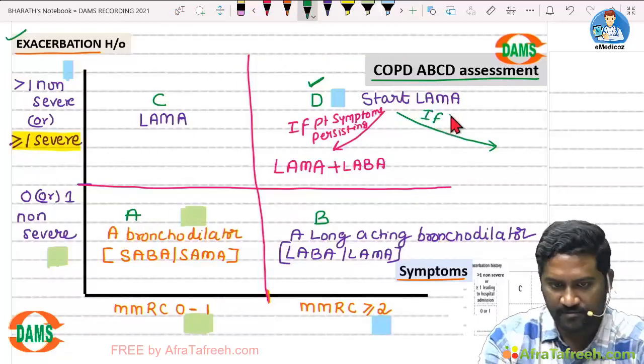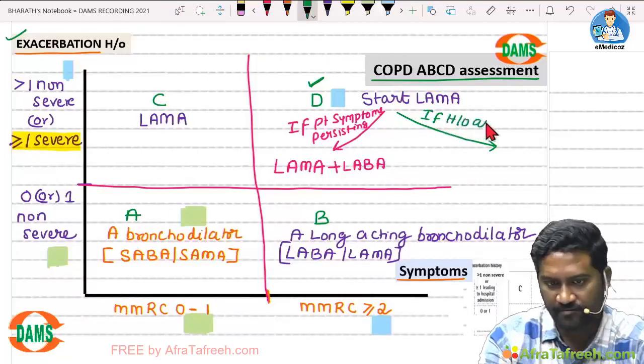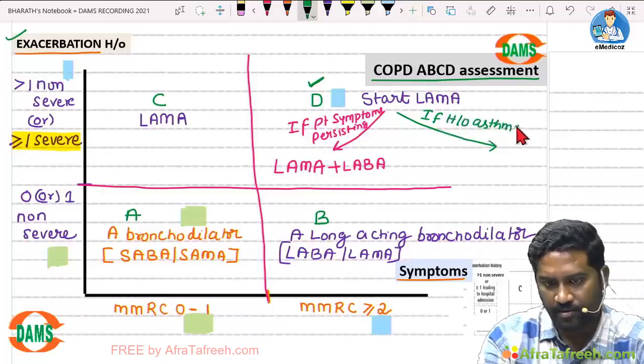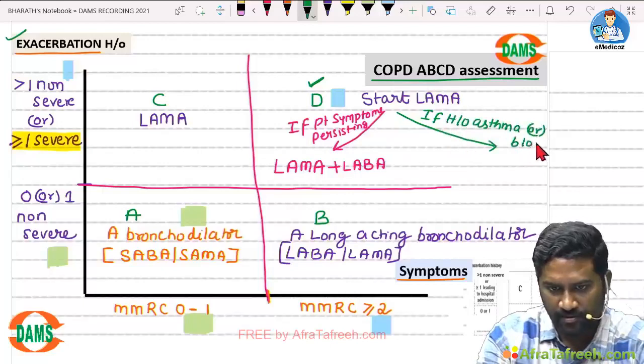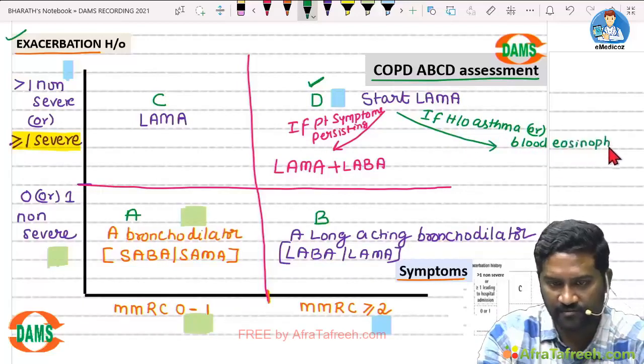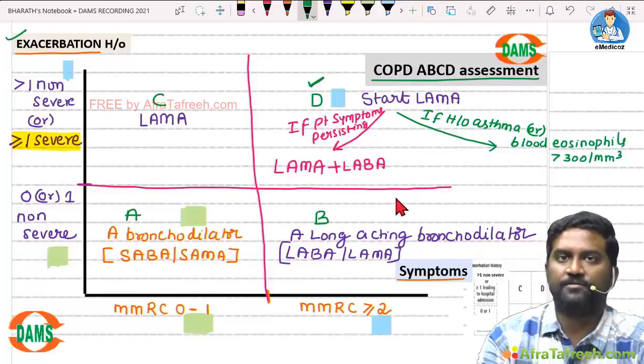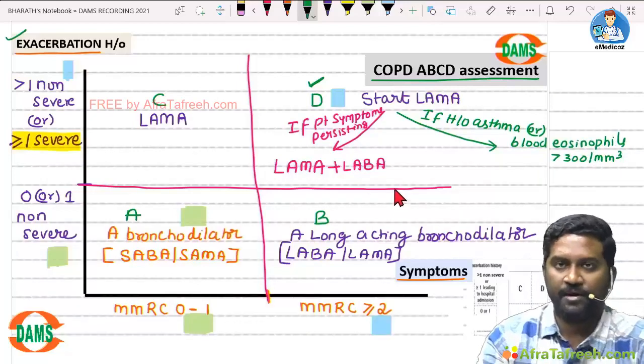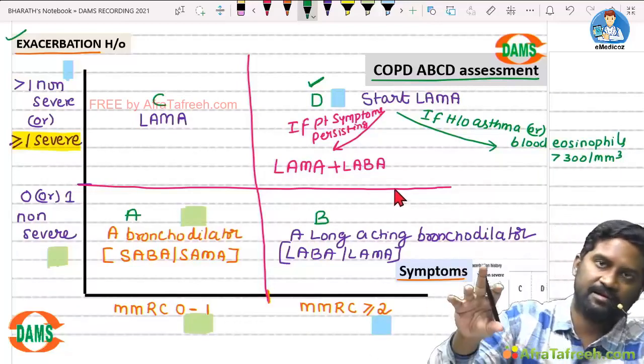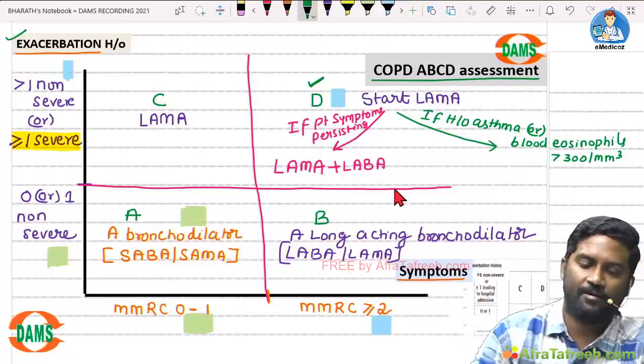Now if there is a history of asthma, or blood eosinophils are more than 300 per mm cube, in this group of patients the main issue for recurrent exacerbation might be that asthma component.